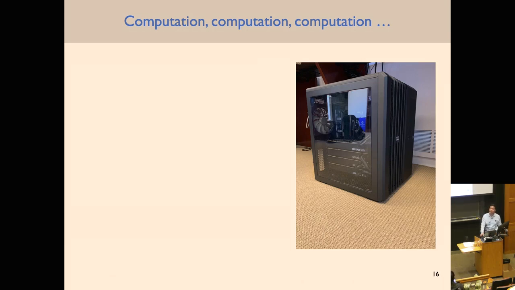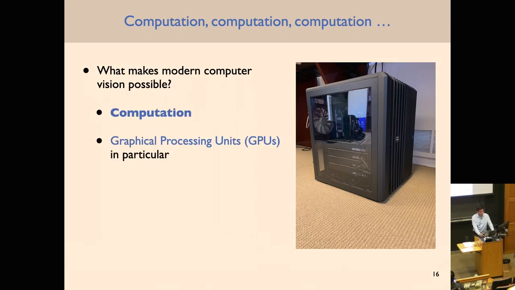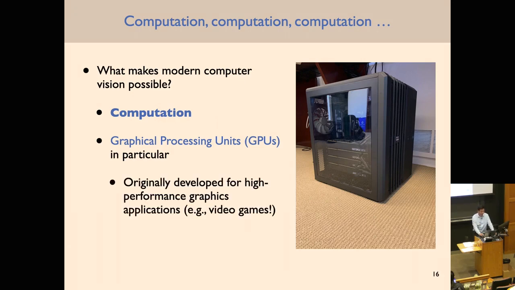The other one is computation, so lots of computation, and more specifically GPUs, graphical processing units, have really been the computational workhorse for machine learning. Originally, these were developed for video games to make graphics run faster, and it turned out that a lot of the computations needed for video game applications were also useful for machine learning applications.